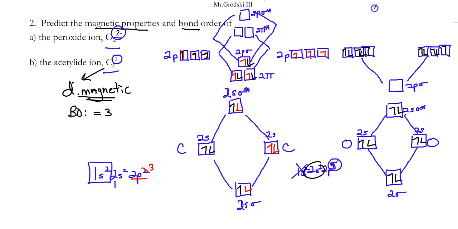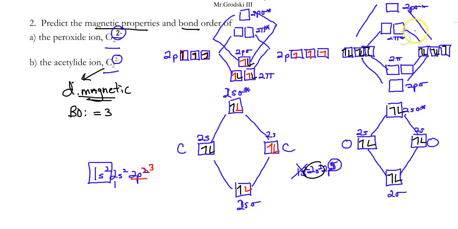And of course, there's going to be an anti-bonding orbital up here, the highest, and that would be 2p sigma star. Then we're going to have some more bonding orbitals, 2 of them. And these would be 2 pi. And of course, you're going to have 2 pi star antibondings.